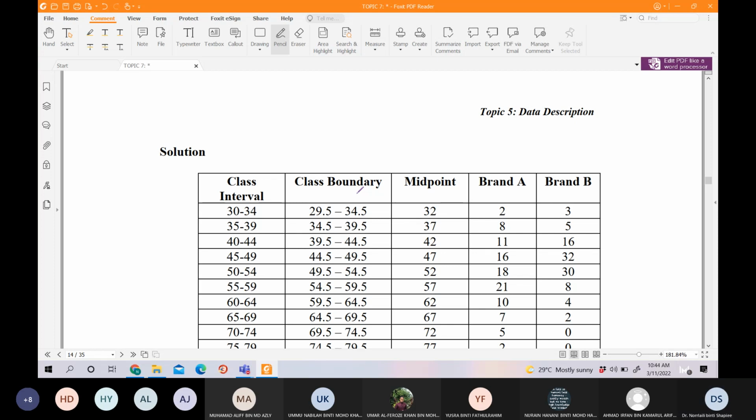Baba Shami, is it compulsory? If we didn't find the class boundary, is something wrong, or did we do a wrong step?